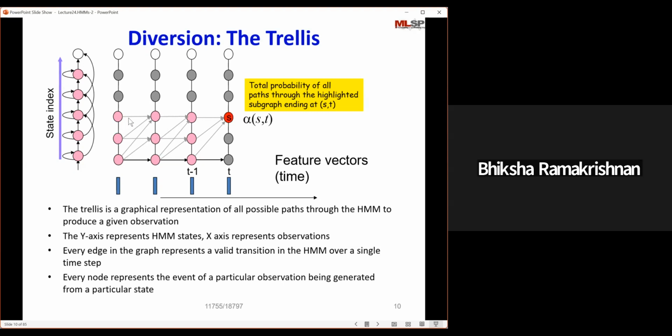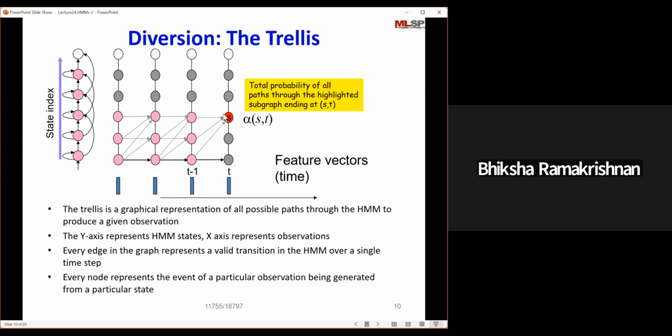And now, if you consider the subgraph that started at the beginning and ended in a particular node, this graph represents all possible state sequences that could be followed that end at this particular state S while generating the observation sequence.